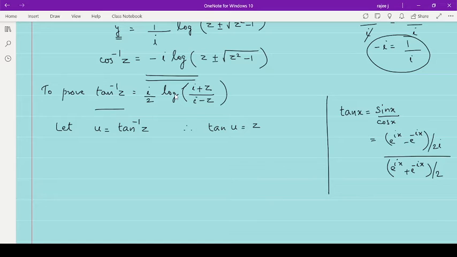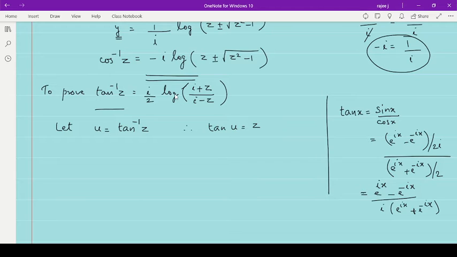So when you simplify, this 2 will get cancelled. What you will get is e raised to ix minus e raised to minus ix divided by i into (e raised to ix plus e raised to minus ix). In this way you can make the formula if you do not remember.